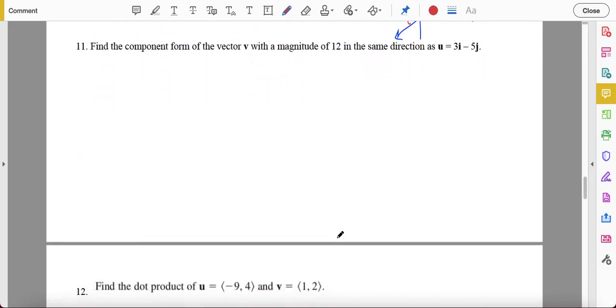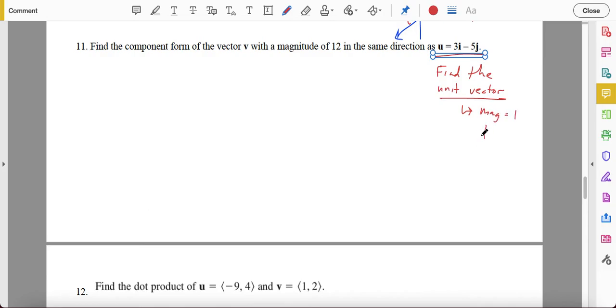All right, next, find the component form of a vector with a magnitude of 12 in the same direction as u equals 3i minus 5j. The easiest way to do this problem is to first find the unit vector, because the unit vector will be in that direction and it'll have a magnitude of 1.